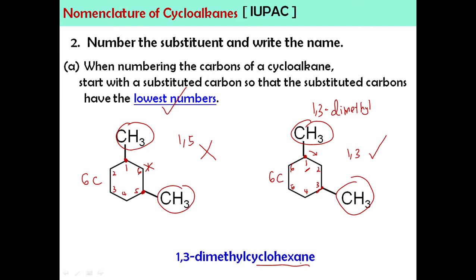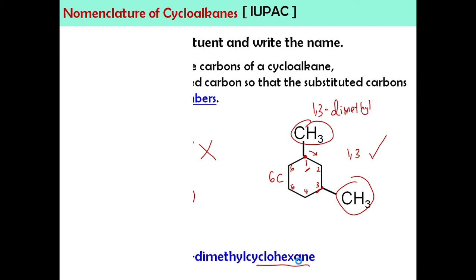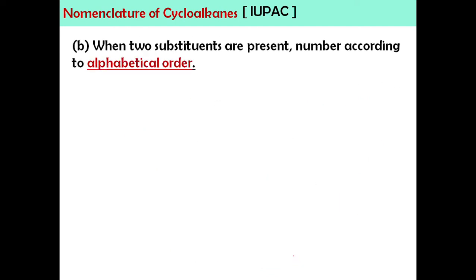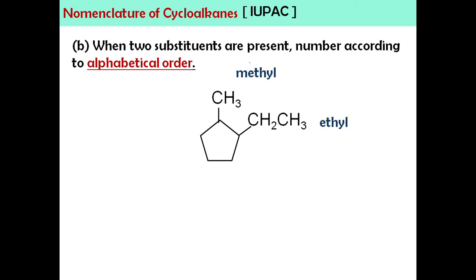Okay? So, yang seterusnya adalah kalau awak ada 2 juga substituent tapi substituent yang berbeza. Kalau macam tadi, dua-dua metil kan? Ni satu metil, satu etil. Dan bila you nak bagi nombor, you akan dapat combination yang sama.